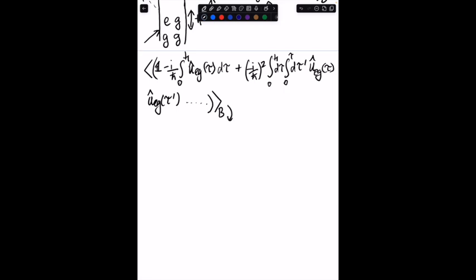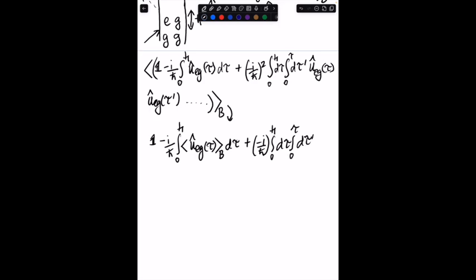When you consider this bath ensemble average on each and every term, you just get identity, minus i upon h bar 0 to t1, the bath ensemble average of the linear term, plus minus i upon h bar squared 0 to t1 d tau 0 to tau d tau prime, e.g. tau, e.g. tau prime, the bath ensemble average, and you have subsequent third order, fourth order, higher order terms.